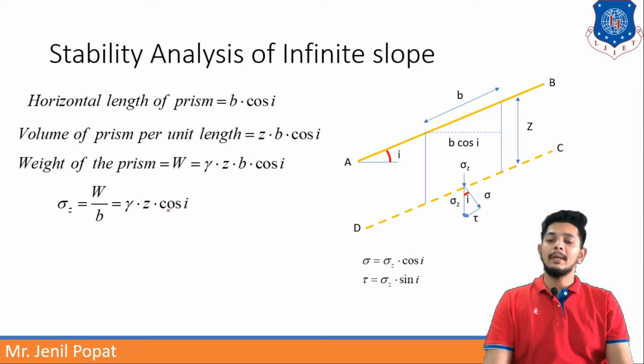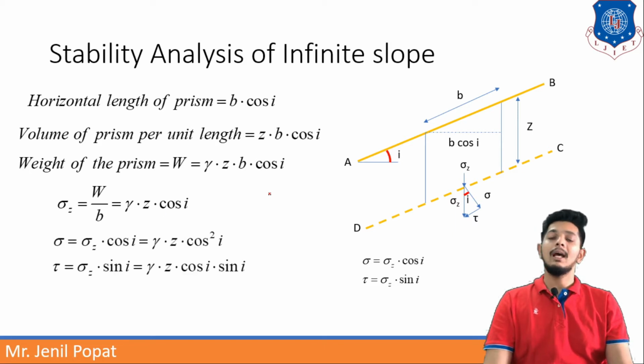Now, if I write sigma Z as W by B, meaning weight by breadth, then it will be gamma into Z into cos i. We know sigma is equal to sigma Z cos i and tau is equal to sigma Z sin i. Putting the sigma Z value in both equations, I get sigma as gamma Z cos square i and tau as gamma Z cos i into sin i.